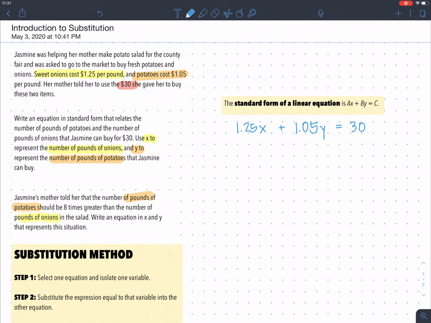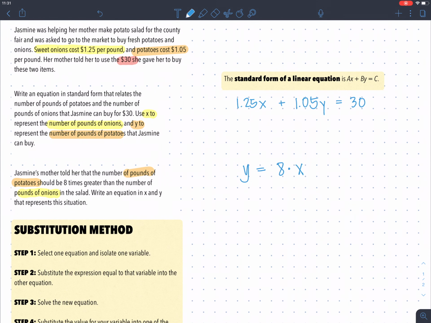The potatoes are 8 times greater. I have this backwards. The pounds of potatoes, which is Y, is 8 times greater than the number of pounds of onions. So my second equation is Y equals 8X.